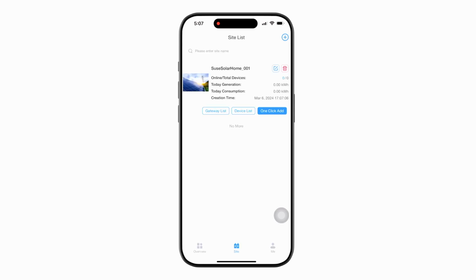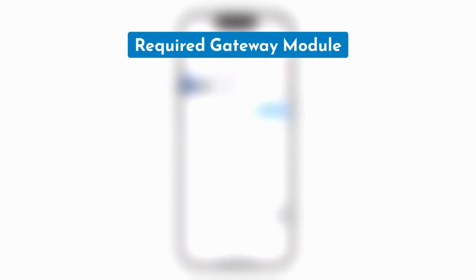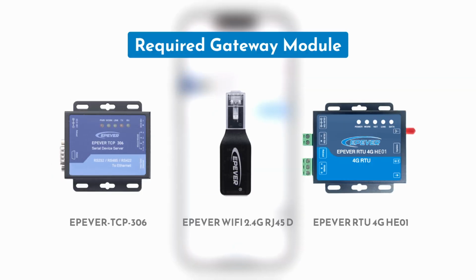After the power station is created, you can add gateways and devices. To add a device to the cloud platform through the app, a gateway module is required. Currently, we have the following gateway modules in production. Among them, Wi-Fi 2.4G RJ45D is the most commonly used.